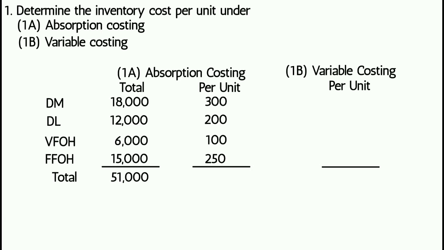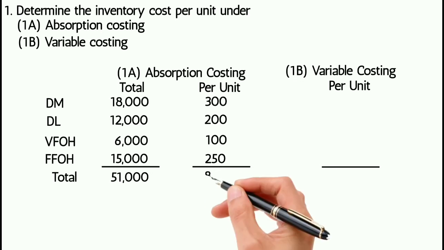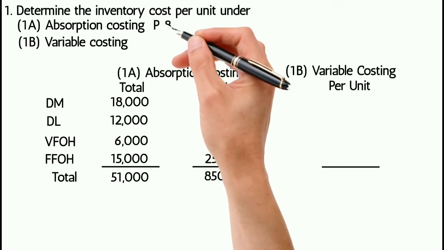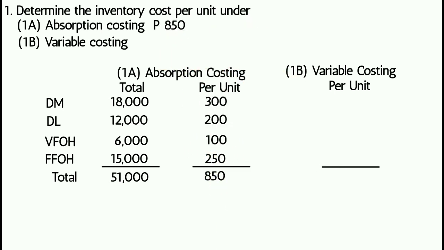300 plus 200 plus 100 plus 250, that is equal to 850 pesos per unit. That means the inventory cost per unit under the absorption costing is 850 pesos. Take note, under the absorption costing, ang fixed factory overhead ay product costs. Therefore, kasali siya sa computation.